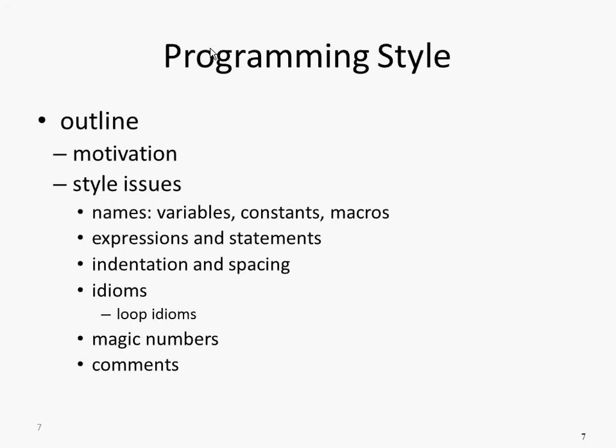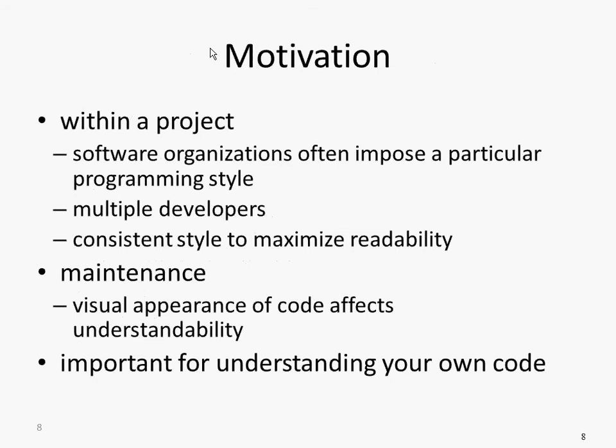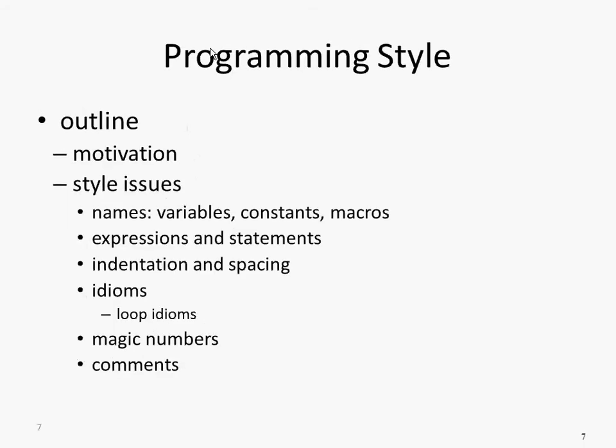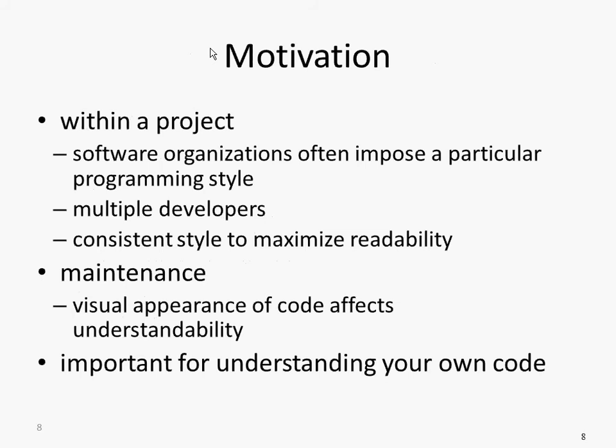So, motivation for the issue of programming style specifically is that within a project, typically software organizations impose a programming style. This is particularly true for firms in the software industry directly. So if you go to a Google, or you go to a Microsoft, or you go to an Apple, you're expected to adhere to certain guidelines when you build the program.